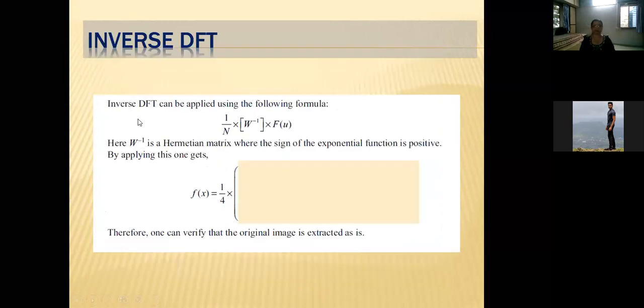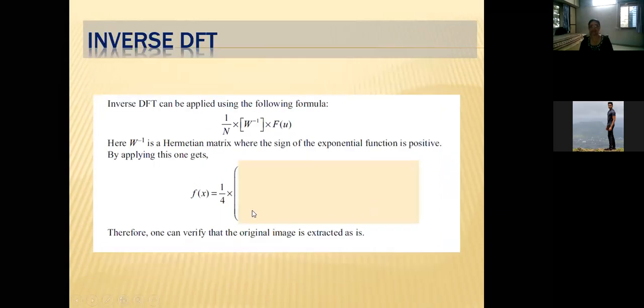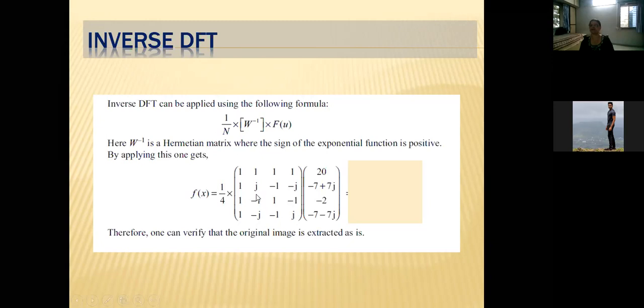So similarly, we can obtain the inverse DFT. For inverse DFT, we need to consider the inverse of this matrix. Because of separability, because your inverse transformation kernel is similar to the forward transform except for the sign difference, we can easily determine the inverse from this matrix. So this is your inverse transform coefficient matrix. We can obtain it simply by changing the signs of the imaginary terms.